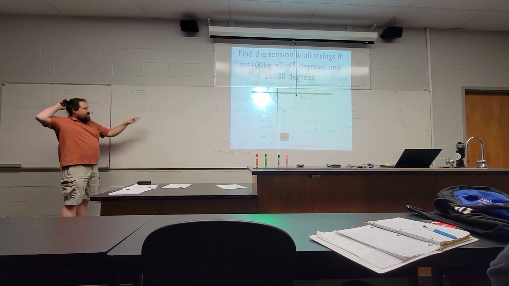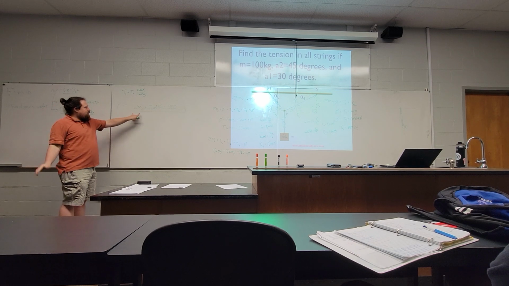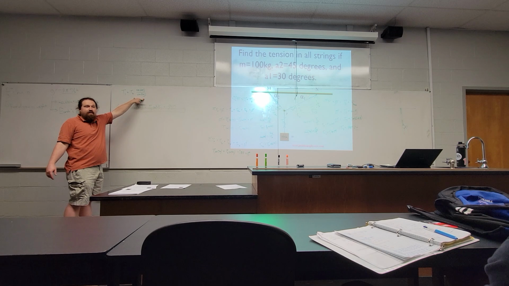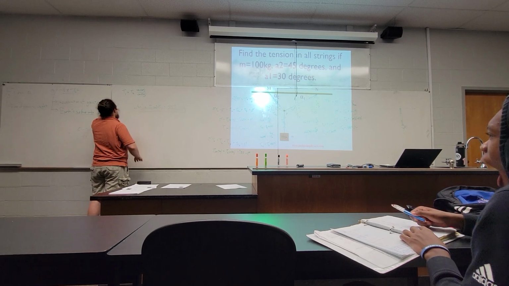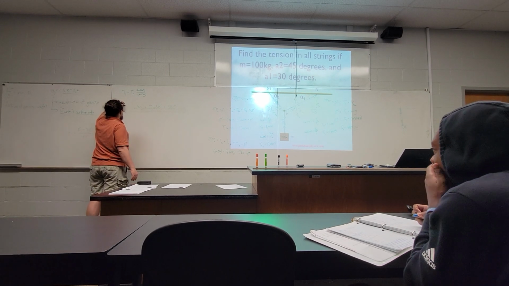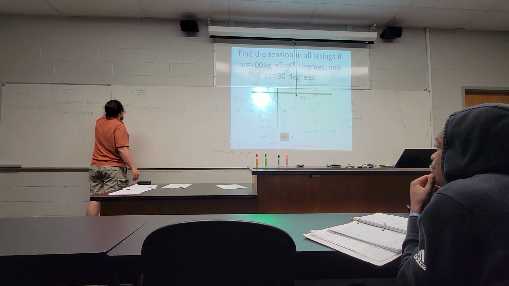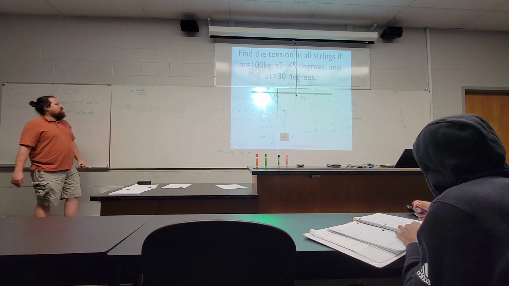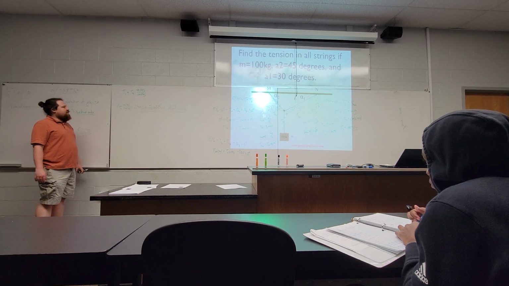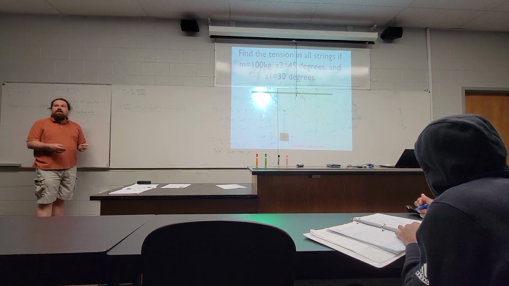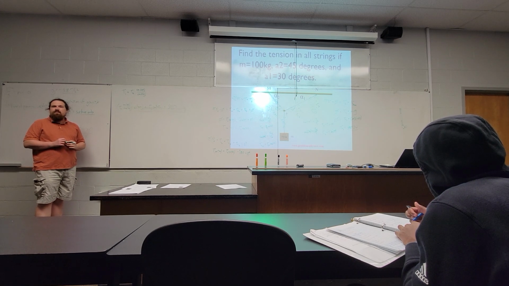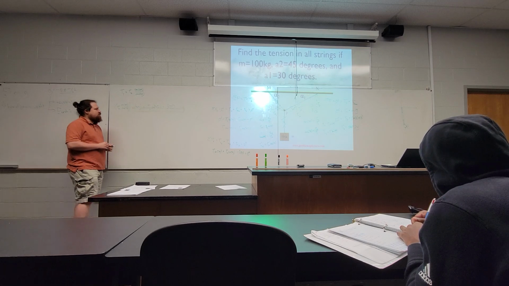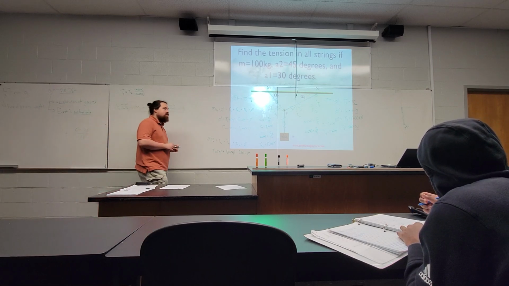So same equation as the whole y-axis one we just wrote, but now instead of T1, I'm going to write this instead. T2 cosine of 45 over cosine of 30. And it may look a little bit ugly, but now T2 is the only unknown left. Which means we can find a number for it.